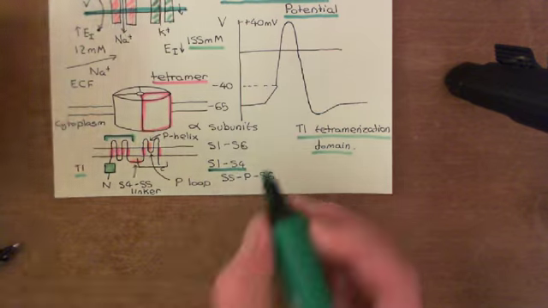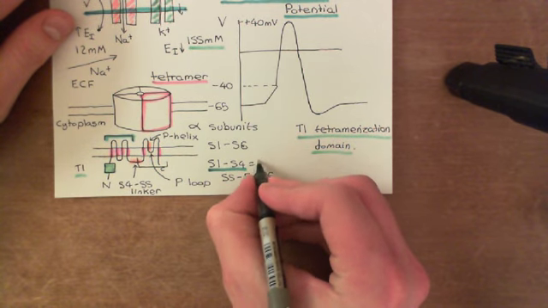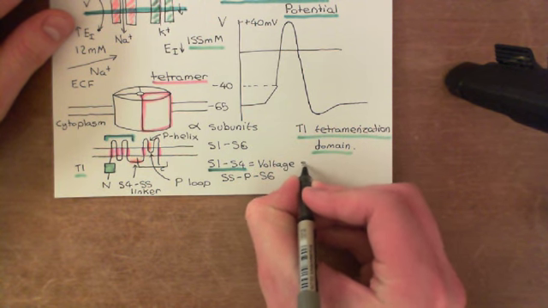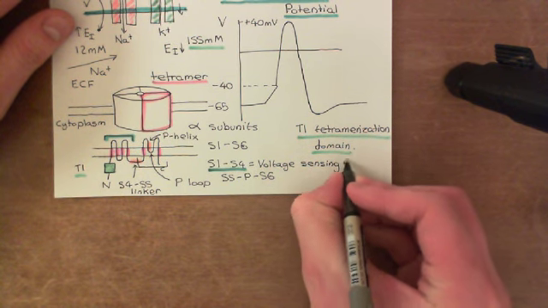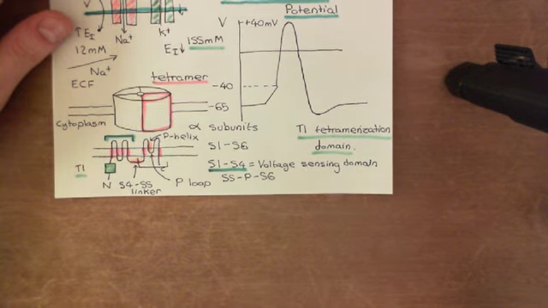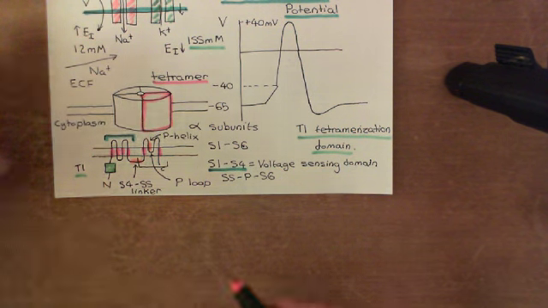The S1 to S4 section is what's known as the voltage sensing domain. This portion is important in reacting to changes in the electrical potential difference across the cell membrane. Particularly the S4 helix is incredibly important for sensing the electrical potential difference across the cell membrane and reacting to it.